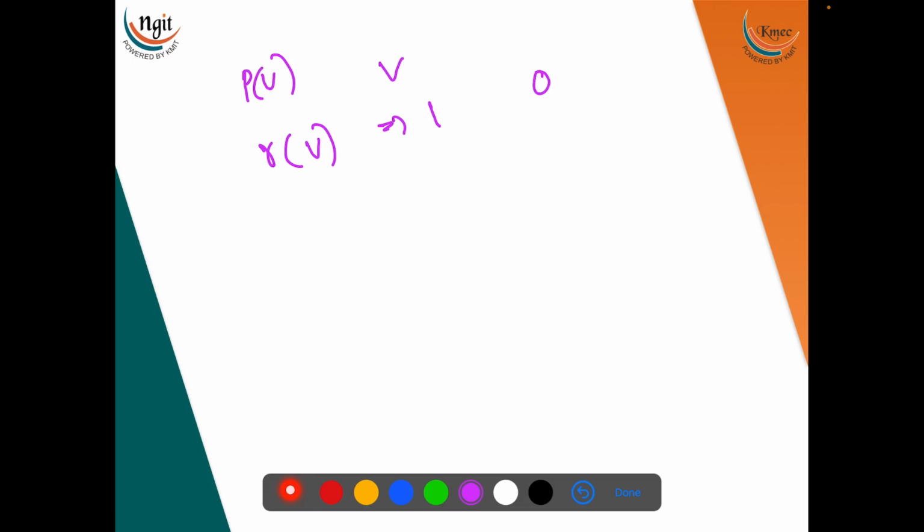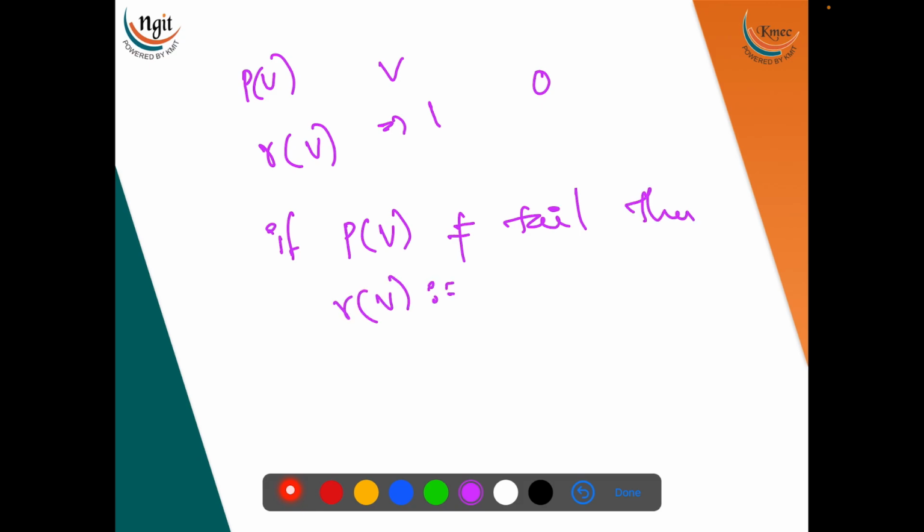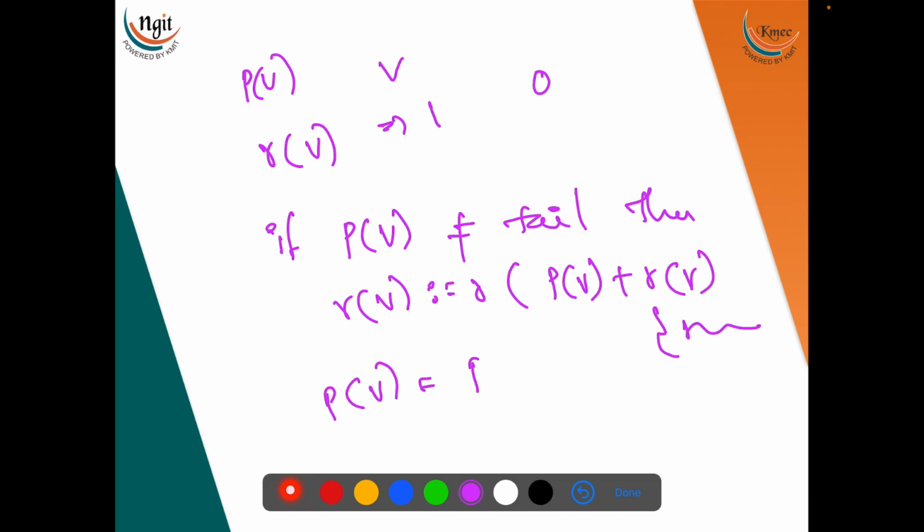In each time step, one performs the following operation for each node V in parallel: if P(P(V)) is not equal to tail, then R(V) = R(P(V)) + R(V). This is the ranking step. The doubling step is P(V) = P(P(V)).